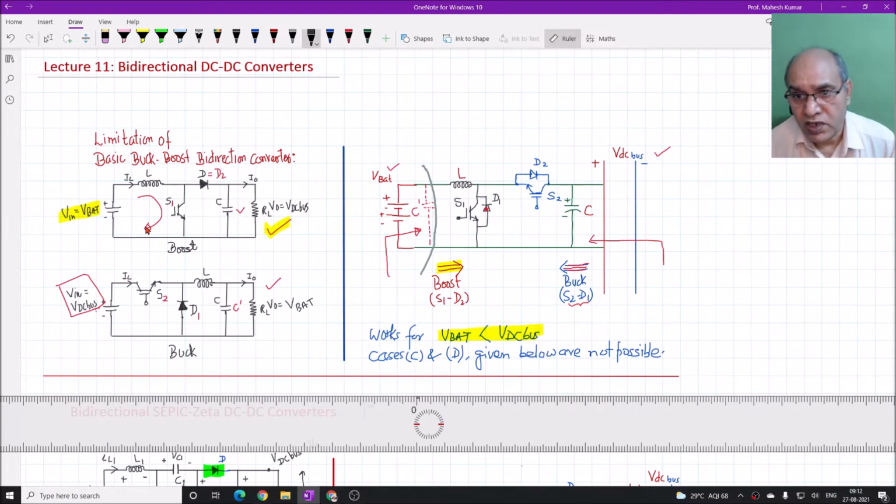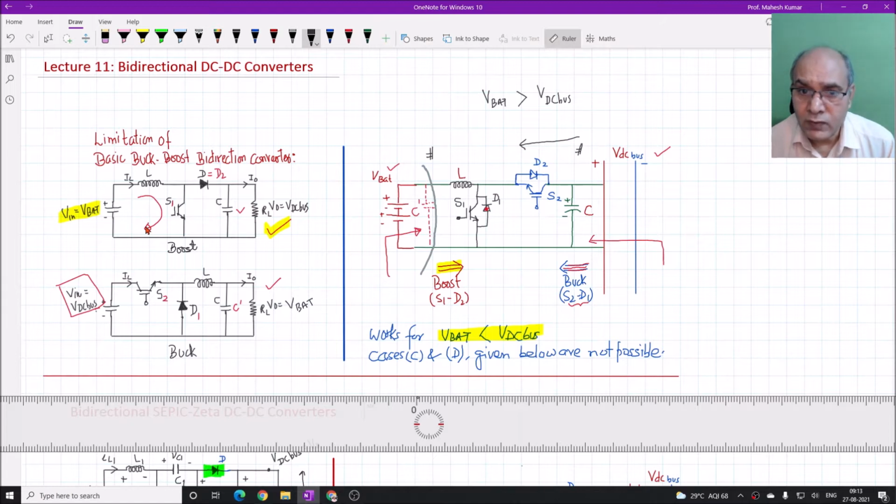You mean that one is low voltage, the other high voltage. But what happens if V bat is more than V DC bus? Then this generic topology will not work. Why will it not work? Because if you want to charge the battery in this direction of power flow, and V bat is more than V DC bus, this means the power is flowing from low voltage to high voltage.